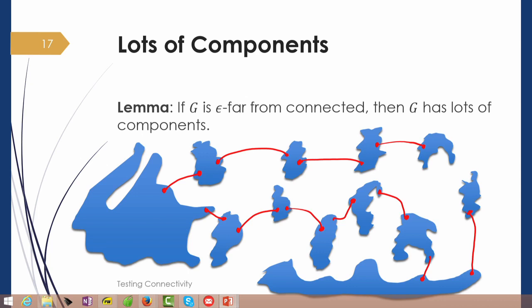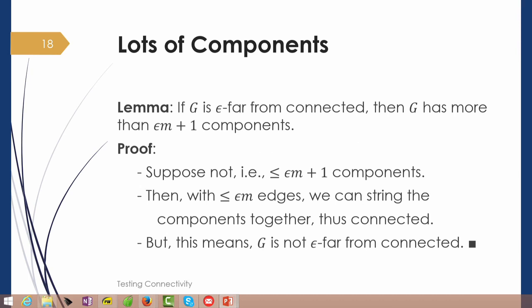Let's be a little bit more formal now. If the graph G is epsilon far from connected, then G has more than epsilon m plus 1 connected components. The proof is as follows. Suppose not. That is, suppose the number of connected components is at most epsilon m plus 1. Then at most epsilon m edges suffice to string the components together and get them to be connected.